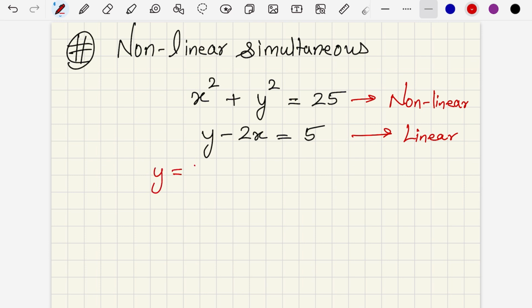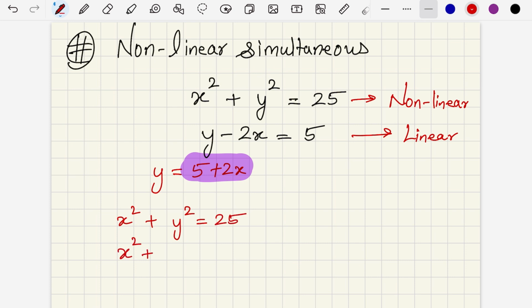So y equals 5 plus 2x, I'll take into consideration. Now this is y the subject. I can replace the value of y in the first equation, which is the non-linear equation. So I have x square plus y square equals 25.